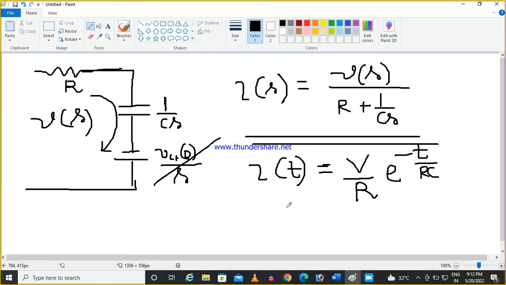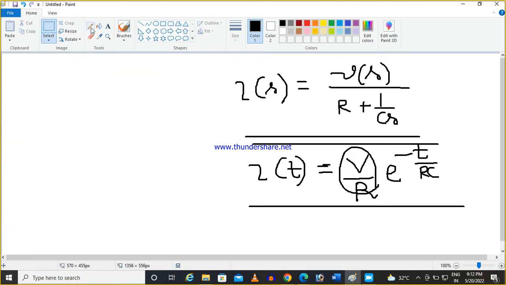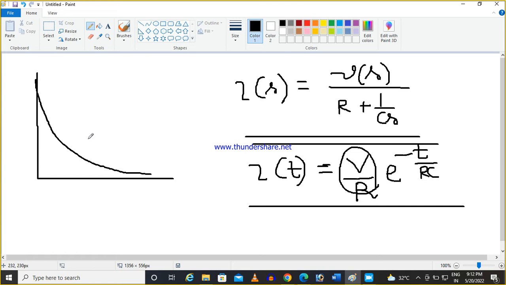Okay, so it will come in this form. So if you know the peak rating of the power supply, then this is basically an exponential function. So if you plot this, it will come like this. So at t is equal to 0, this will be the maximum current. So now if you know the peak rating, this current basically is V by R.